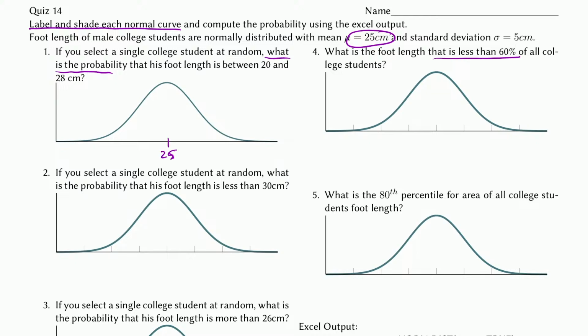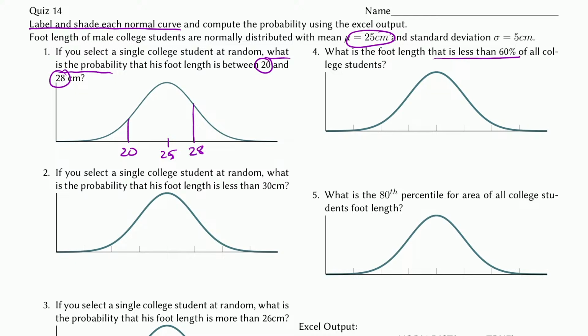Now, standard deviation, if you want to, you can mark that up. This one is lacking the little lines, but if you want to, you can put those lines in. You don't have to. If you want to do the bare minimum, just put the mean there and then put whatever numbers are in the problem. Here it says between 20 and 28 centimeters. So put a 20 on there somewhere, and put a 28.